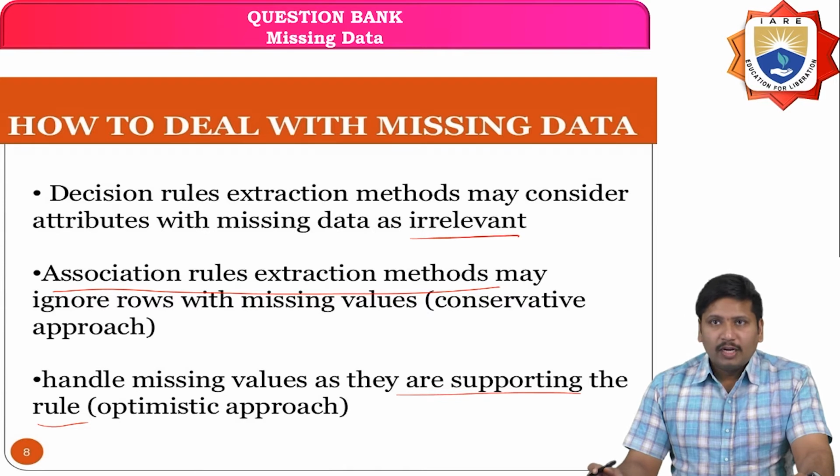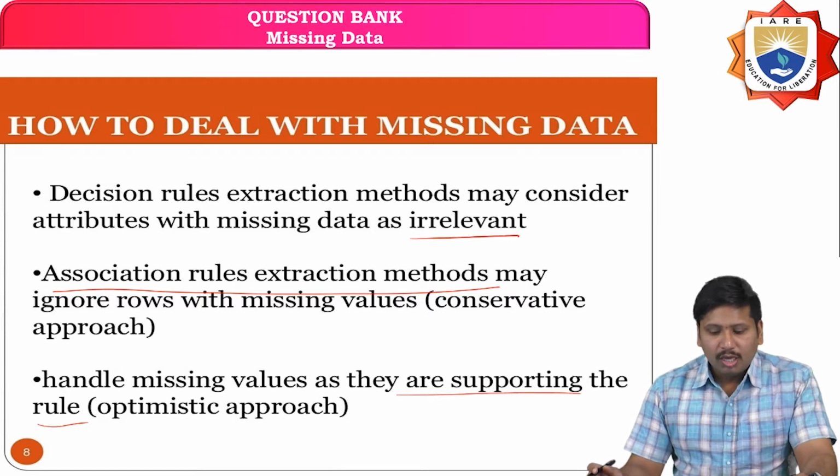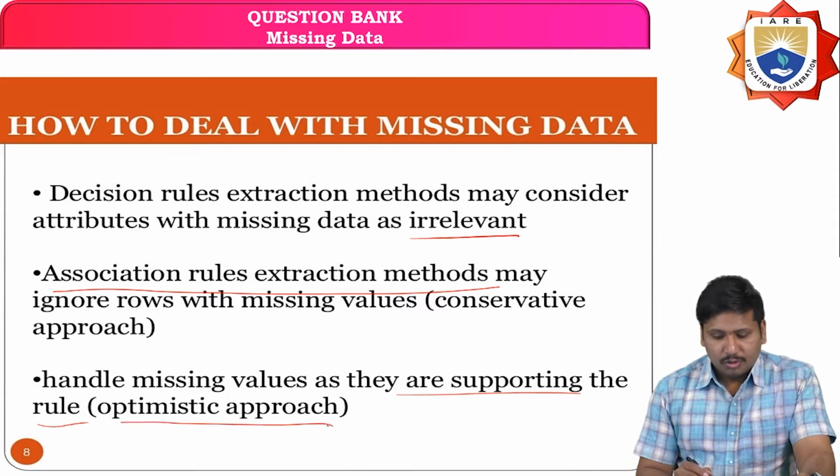So the methods available to deal with missing data are decision rule extraction methods, association rule extraction methods, and handling missing values as supporting the rule, which we call the optimistic approach.